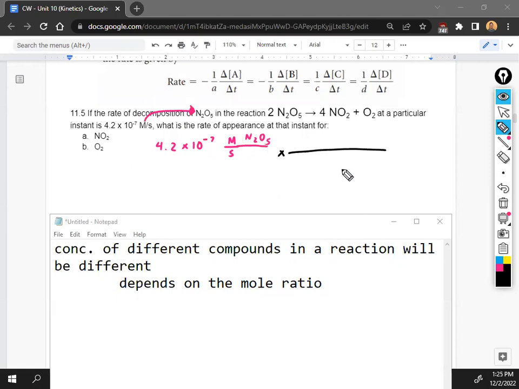Since we have N2O5 here, we put moles of N2O5 on the bottom, and whatever we're looking for, we put on top, moles of NO2. All we have to do is plug in the mole ratio, and that will allow us to figure out the rate of appearance for NO2. That's it. You just multiply it by the mole ratio. So we'll do the same.